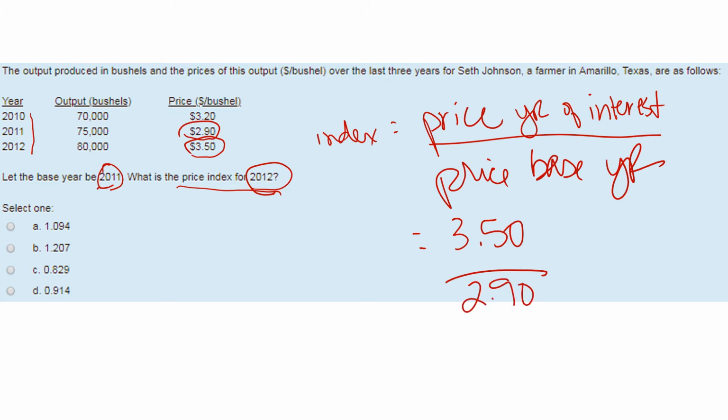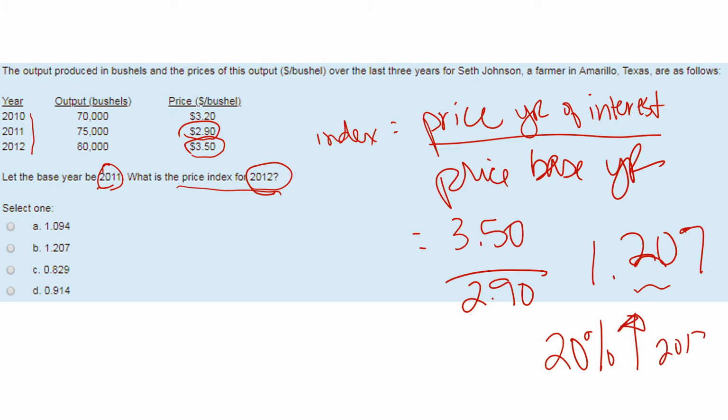So whatever that works out to be, it's going to be 1 point something, right? Because 3 is bigger than 2. I'll work it out for you quick. 3.50 divided by 2.90. So that's 1.2. So this is telling us that the price is approximately 20% higher in 2012 compared to 2011.